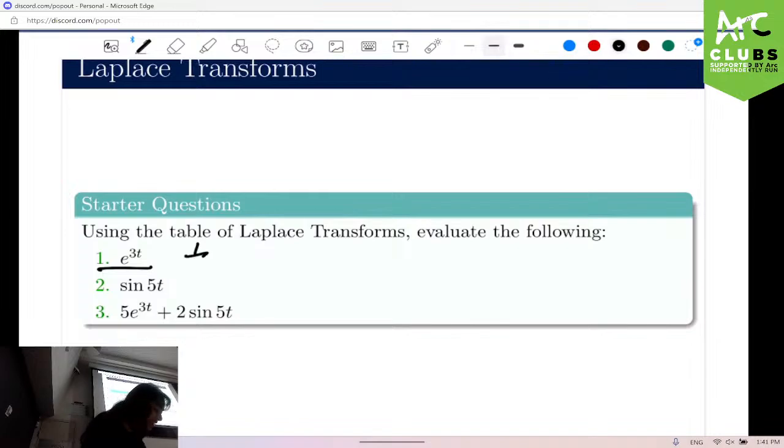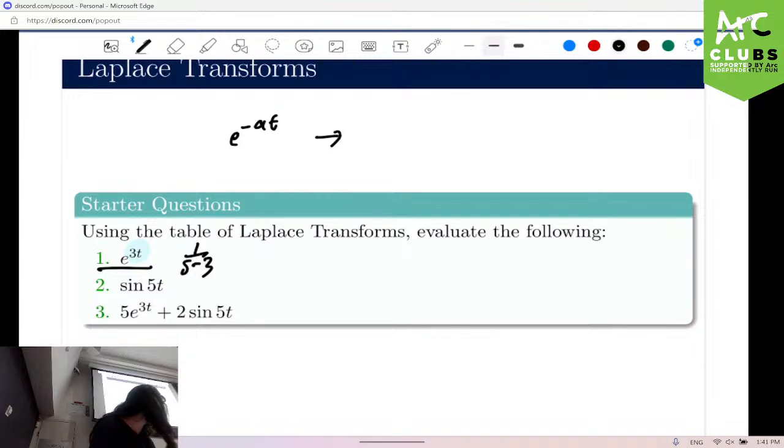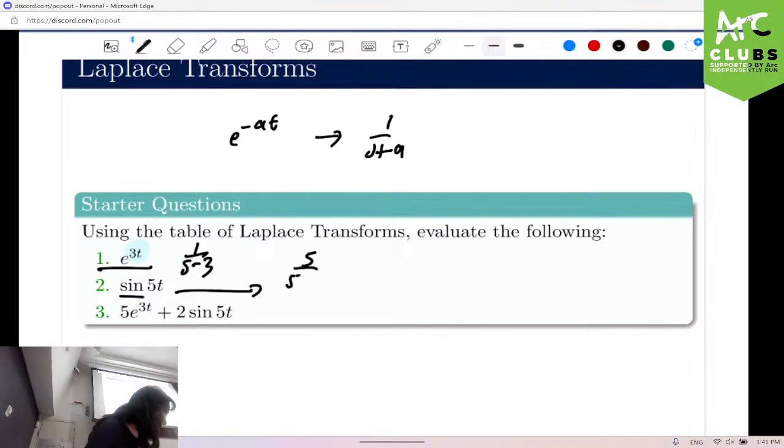It is actually 1 on s minus 3, because over here there's a 3t, and in the table it's like e^(-t) becomes 1 on s plus 1. Okay. How about sine 5t? 5 on s squared plus 5 squared.